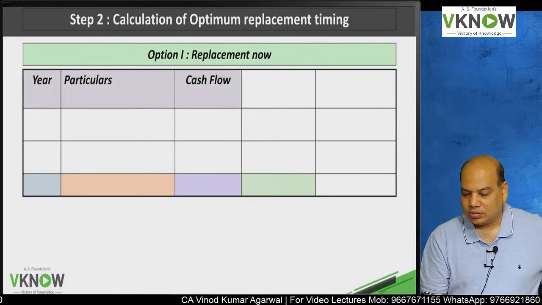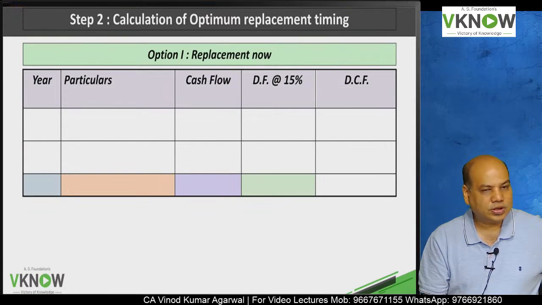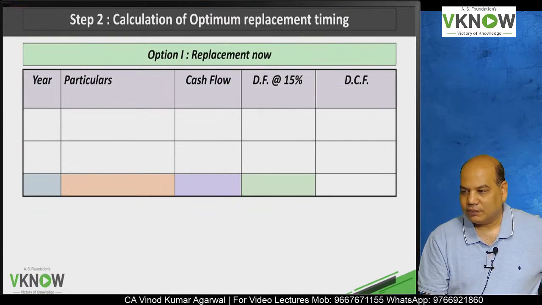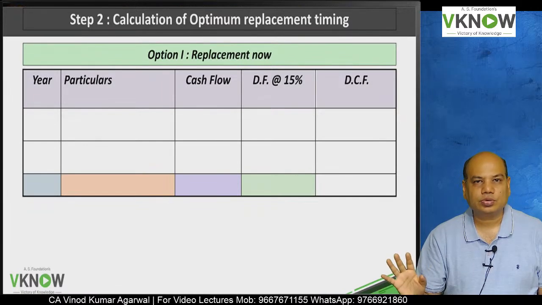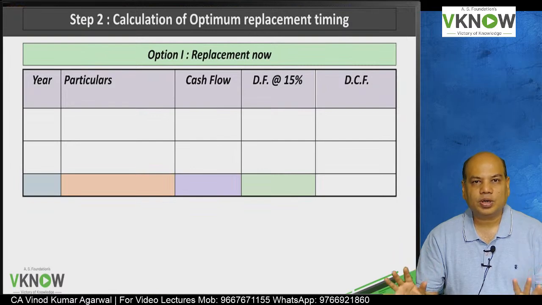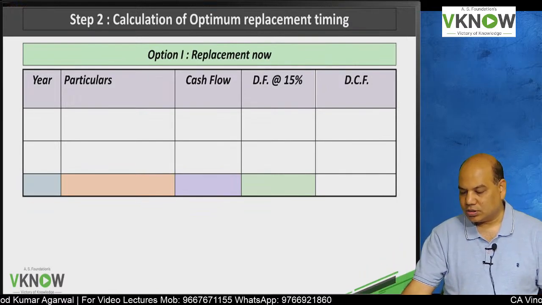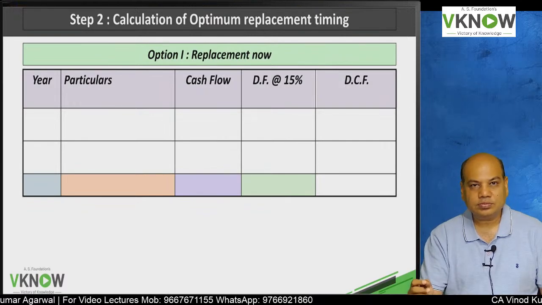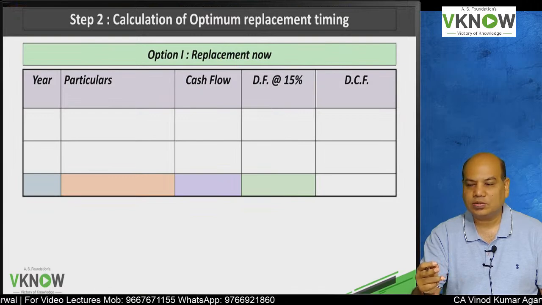Then draw this table: year, particulars, cash flow, discounting factor at 15%, discounted cash flow. Now we have to only write those cash flows which we are going to receive or pay in the first 2 years. Visualize, you have an old machine which you are going to sell today and purchase a new machine.